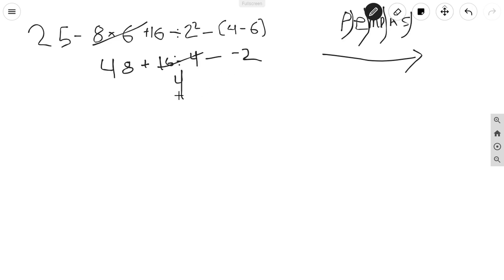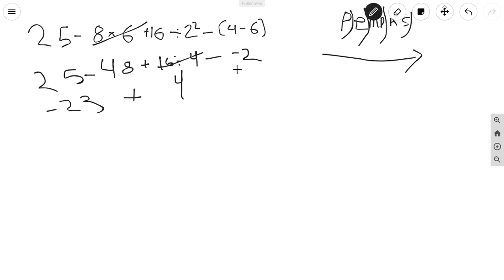And then I add 25. Subtract 8 times 6, which is 48. So then I'm going to have 25 minus 48. This gives me negative 23. So negative 23 plus 4 minus negative 2.